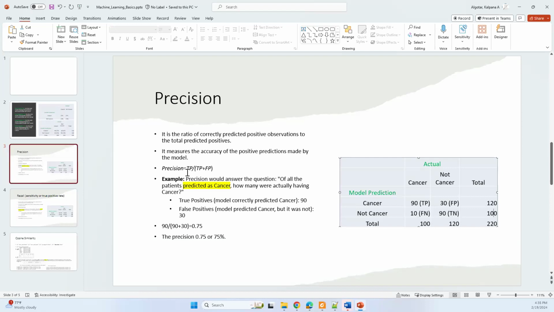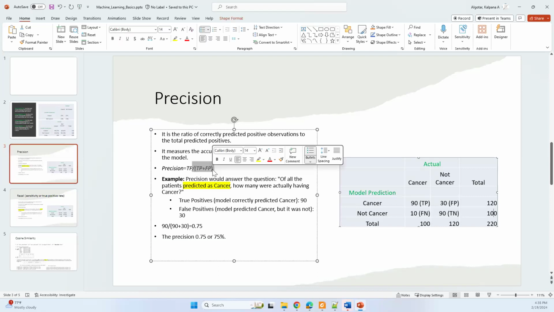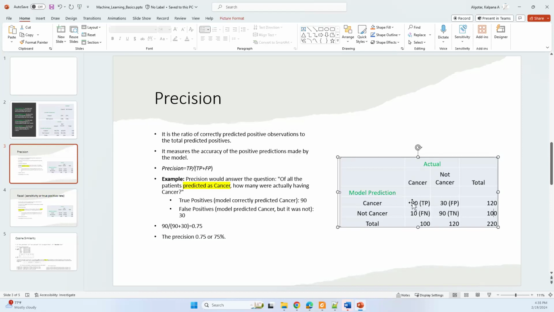So precision will be true positive divided by true positive plus false positive. This true positive plus false positive represents the model's actual positive performance. That will be correct as well as false positive predictions.